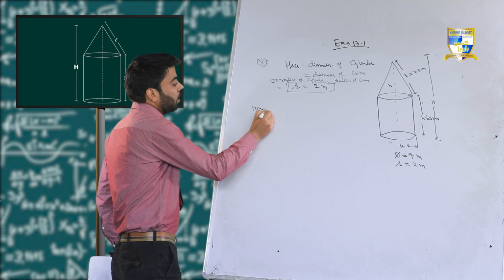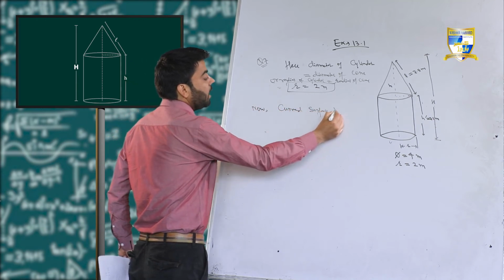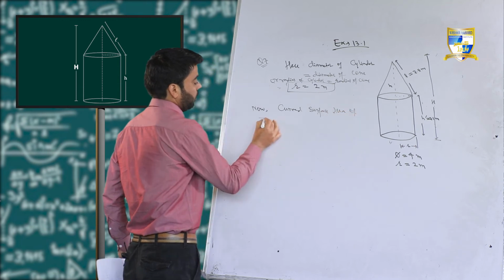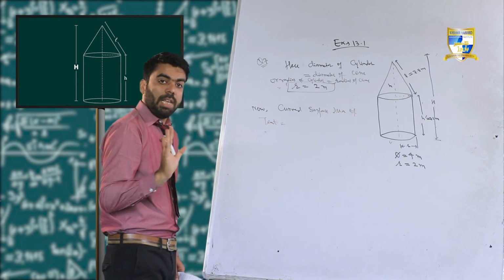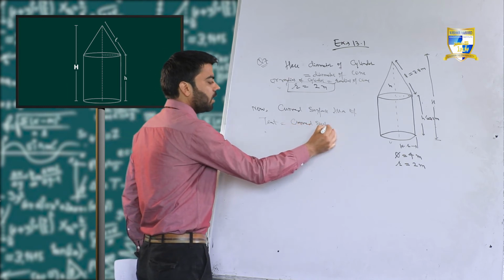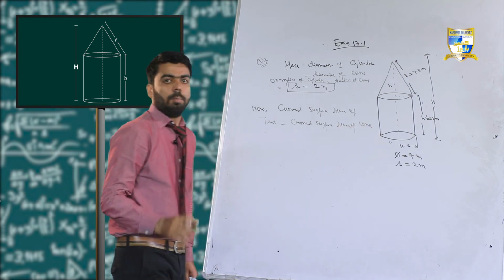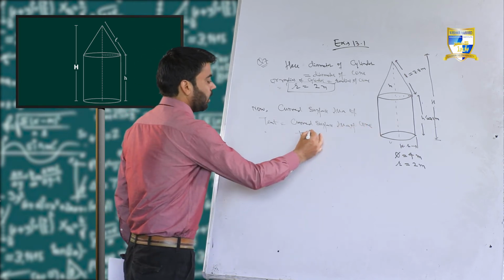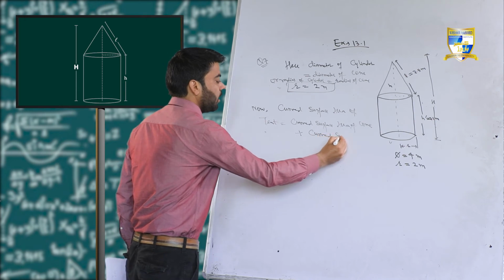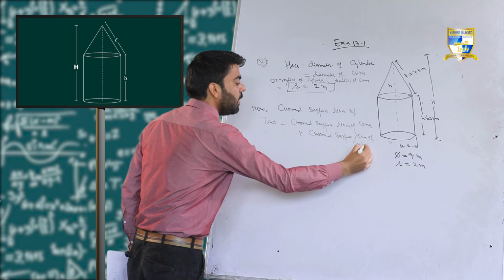Curved surface area of the tent will be simply equivalent to curved surface area of the cone plus curved surface area of the cylinder.